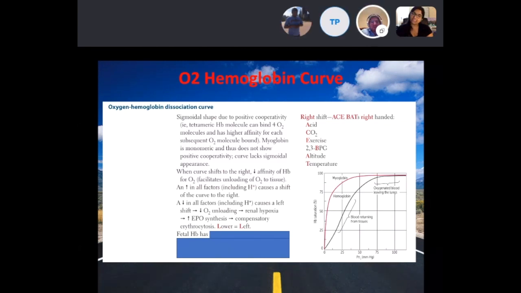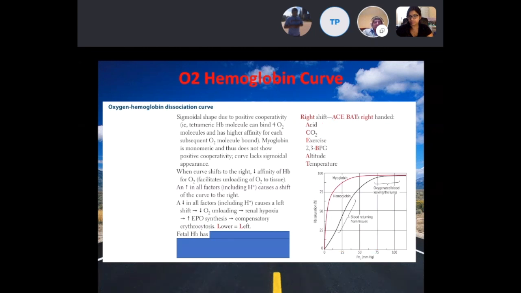So as we have an increase in all of these factors, which is ACE BAT, acid, meaning basically H+ ions, carbon dioxide, exercise, 2,3-BPG, altitude, and temperature, we're going to see things shifting to the right. And then the opposite, as these things lower, it's going to go to the left.